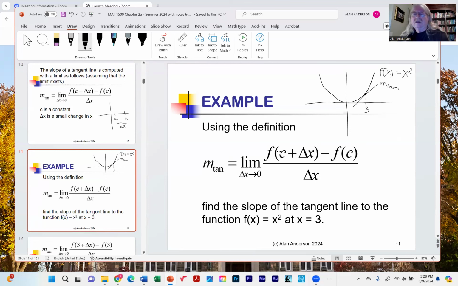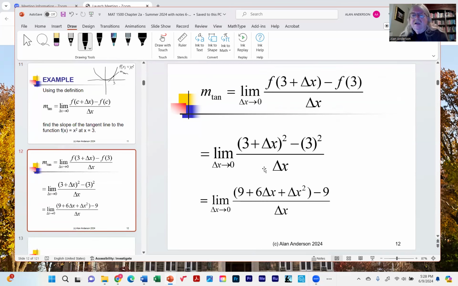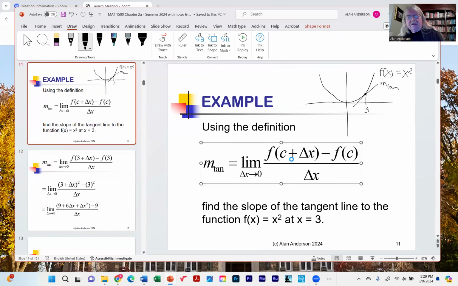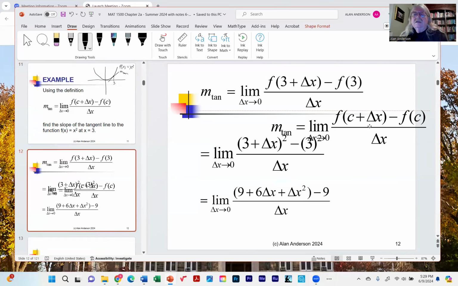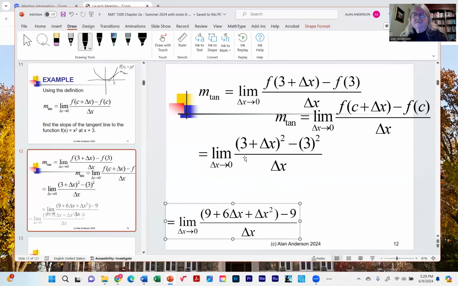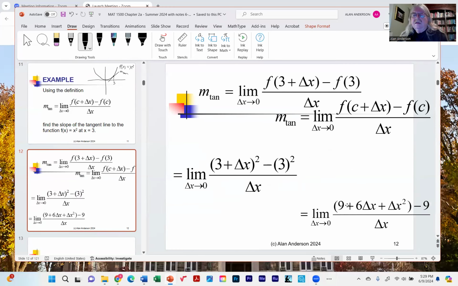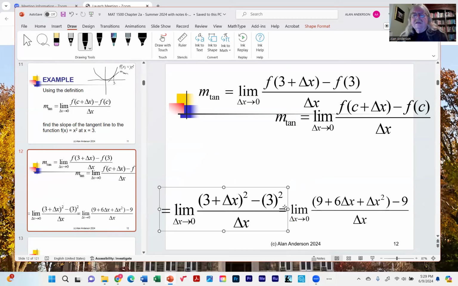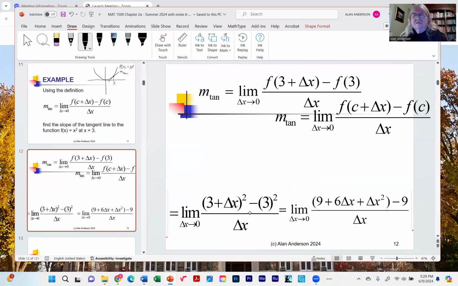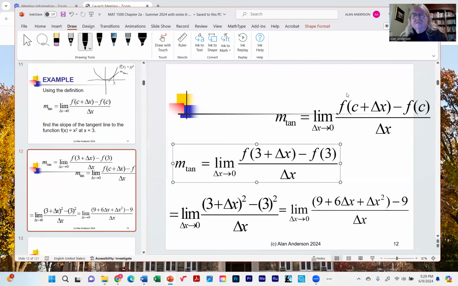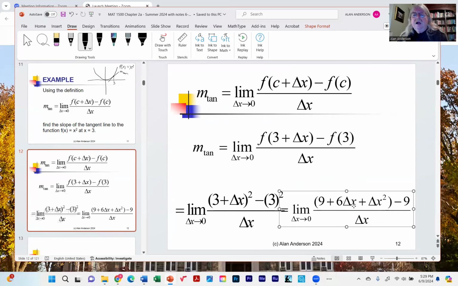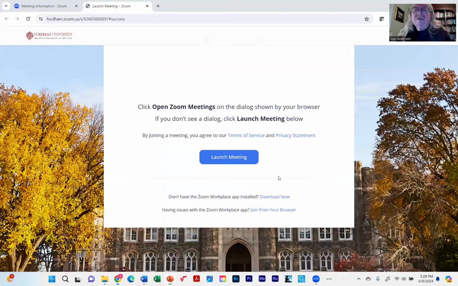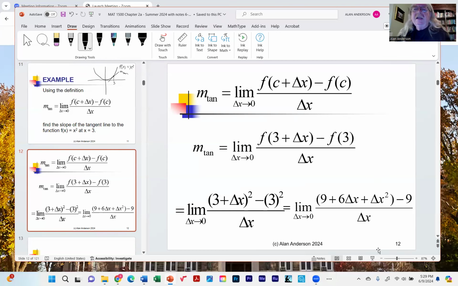Okay, so how would that work? First of all, let me copy this back onto this new slide so that you can see it. A couple of things to remember. First of all, the function is f of x equals x squared.